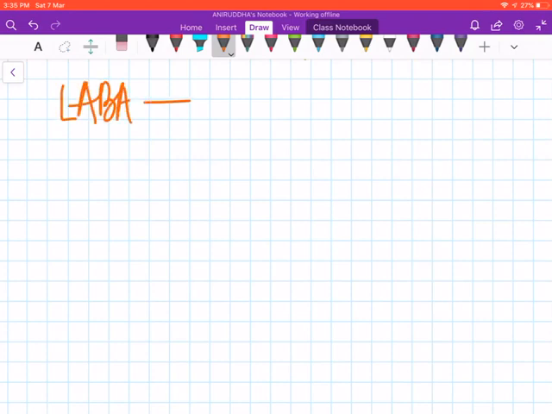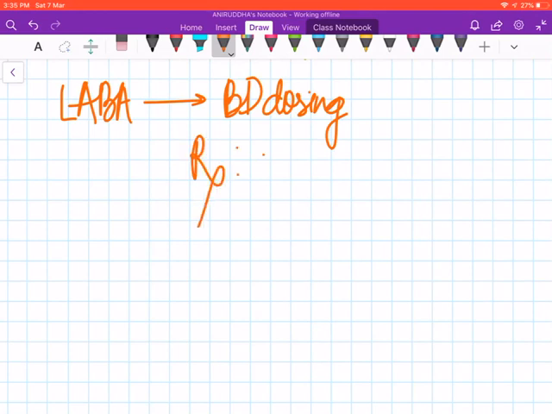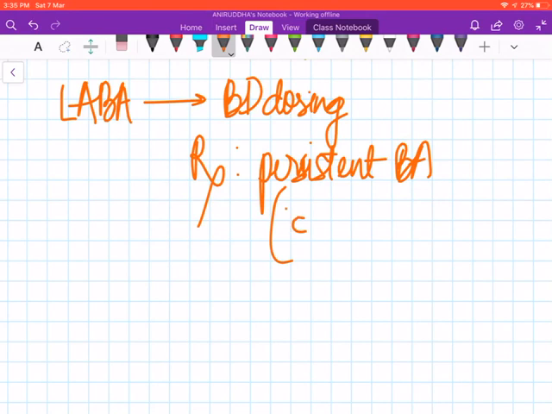Now, the LABAs are primarily given as BD dosing in the treatment of persistent bronchial asthma, and of course it is combined with inhalational corticosteroids.